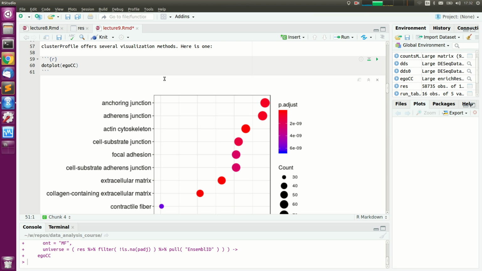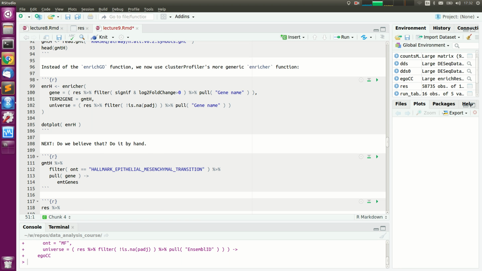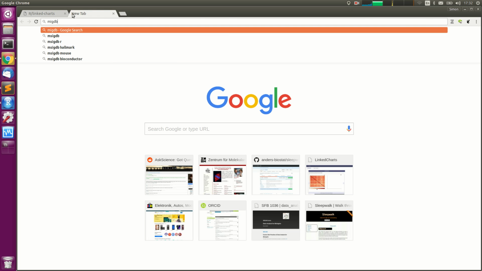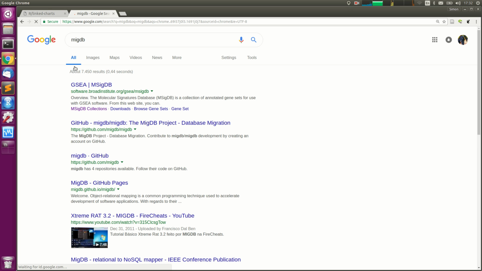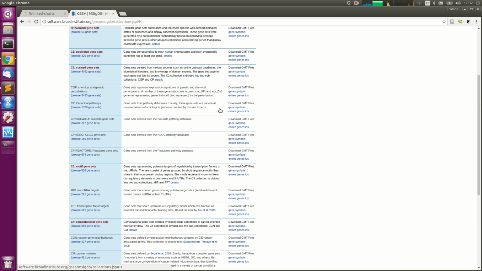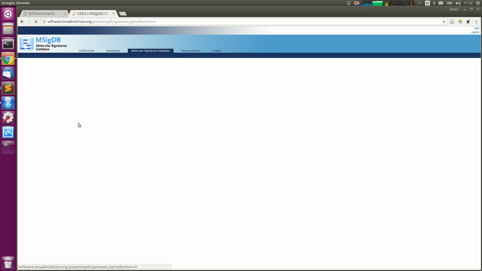Just to stay with this theme, I show you one other aspect. Instead of a gene ontology, what you can also use is something called the Molecular Signatures Database, which is done by the Broad Institute. They have this list of gene set collections, each of them a long collection. Now I take one collection, here the hallmark data set, which has all of 50 gene sets.